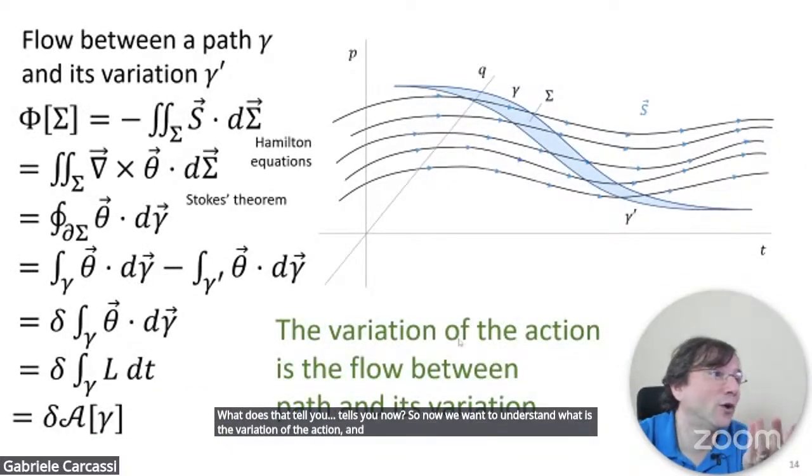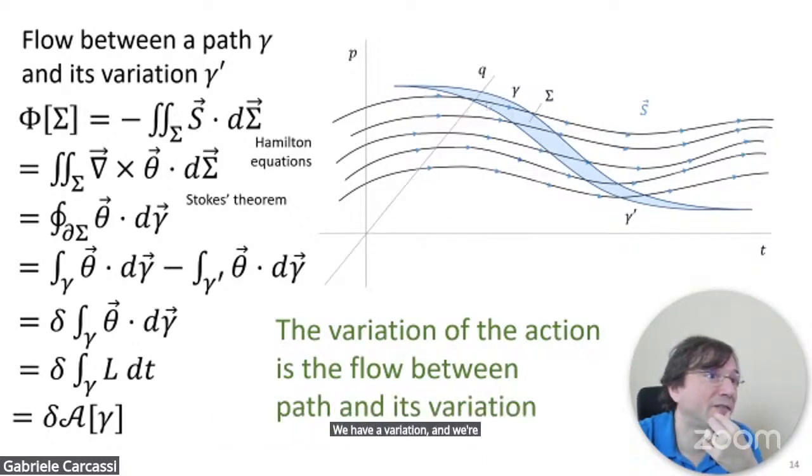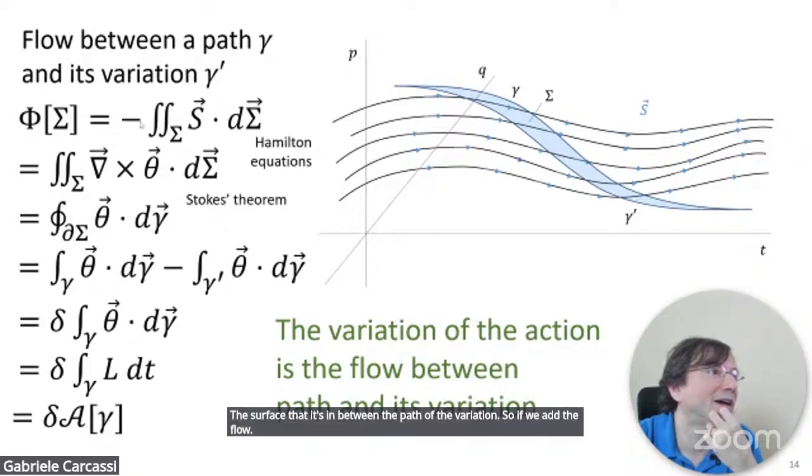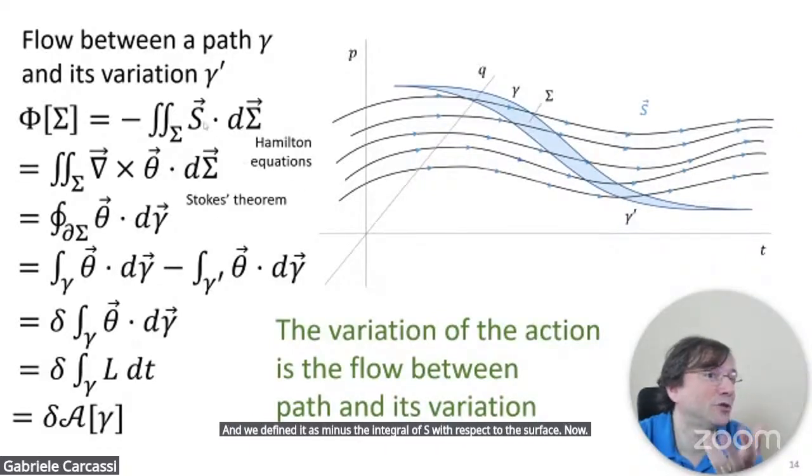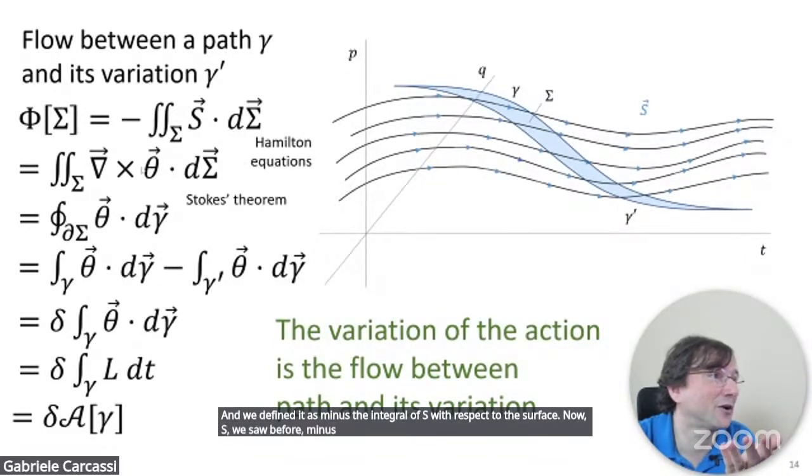And what we can look at is we have a path, we have a variation, and we're going to have some flow that goes through the surface that is in between the path and the variation. So we have the flow, and we define it as minus the integral of S with respect to the surface. Now, S, we saw before, minus S is the curl of theta.